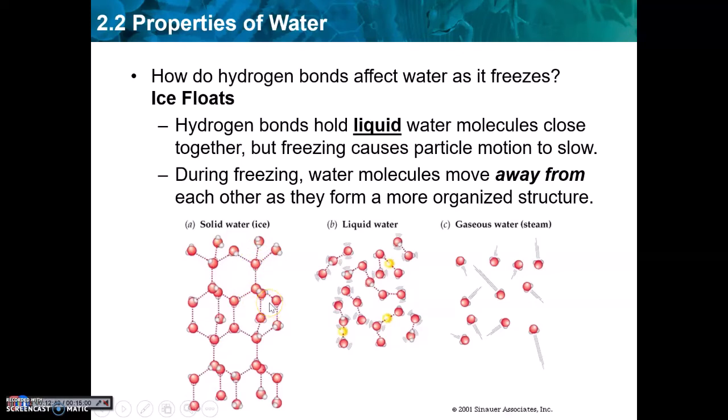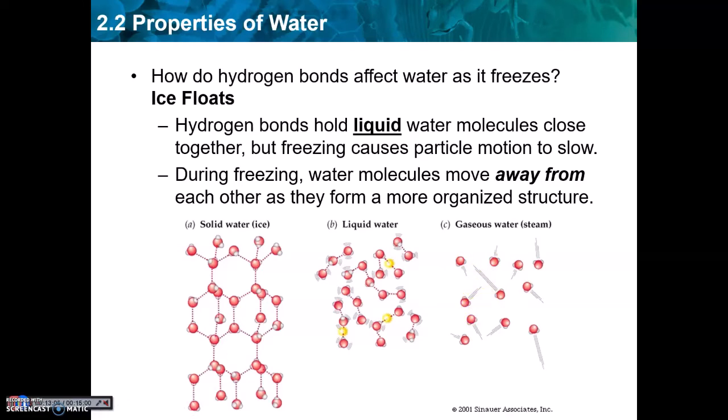So basically, the difference between these three states of matter has to do with how warm the water is, right? If we heat water up to a very high heat, it evaporates and turns into steam or water vapor. And that means that each individual water molecule is moving very quickly. That's what temperature is, right?